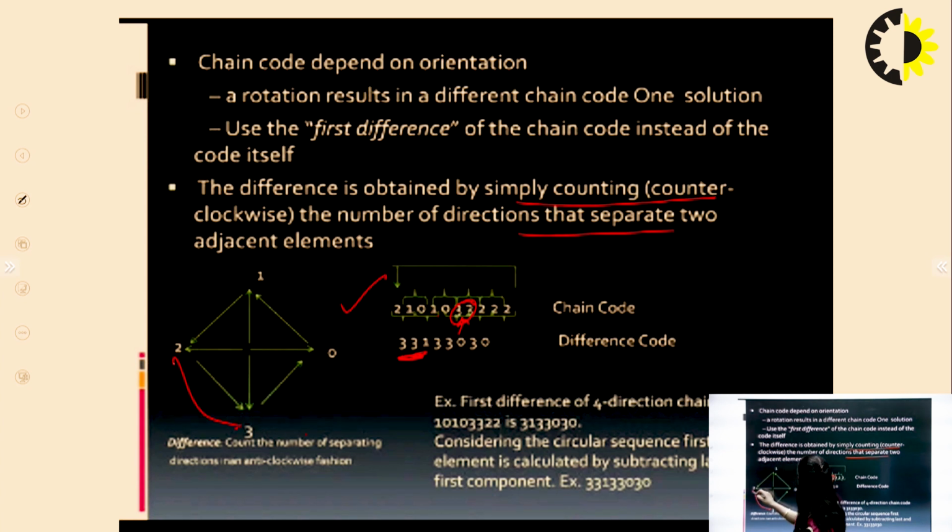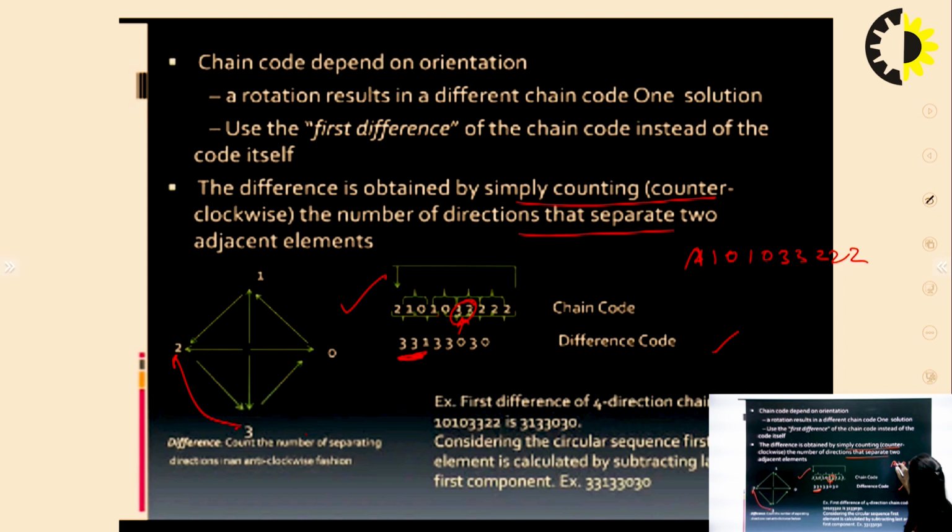After 3 we will get 2, then 2 1 0 1 0 3 3 2 2 2. Sorry, this is 1. So we have the chain code 1 0 1 0 3 3 2 2, and we have to calculate the difference code.